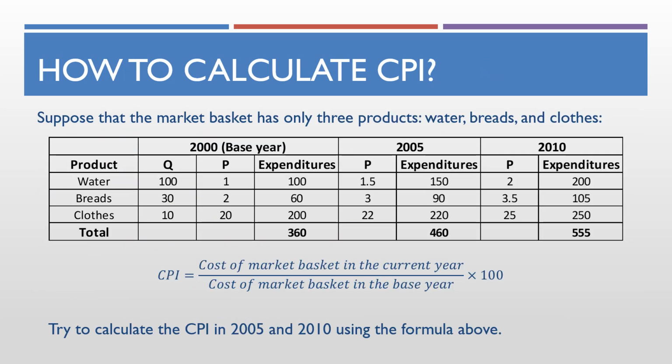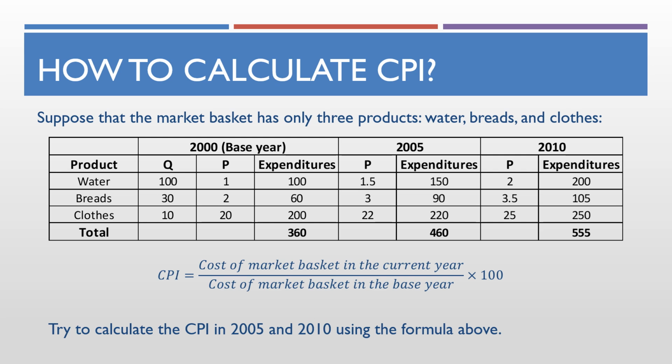Now, having said that, let's suppose we have a market basket in a very simple economy. We have a country that only sets up the theoretical market basket with water, bread, and clothes. We have a hypothetical quantity of each good that we assume in a particular year, and we assume this quantity of goods will be consumed the same across different years as well.